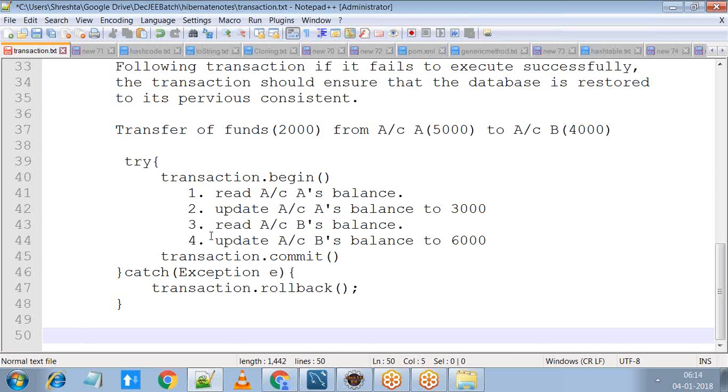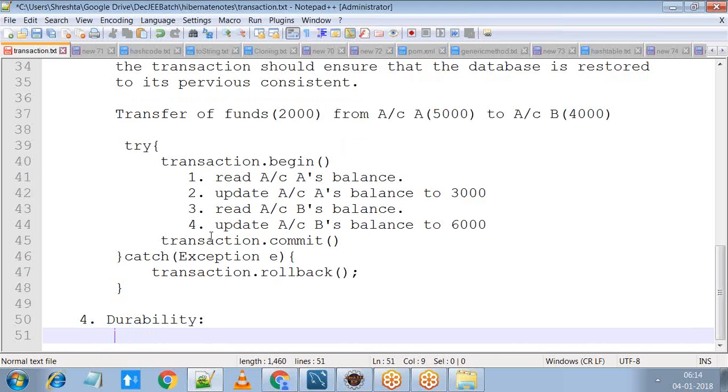Durability is one of the ACID properties here. So a transaction is supposed to possess this property called durability. So what is durability here? What does it mean? What do you think?